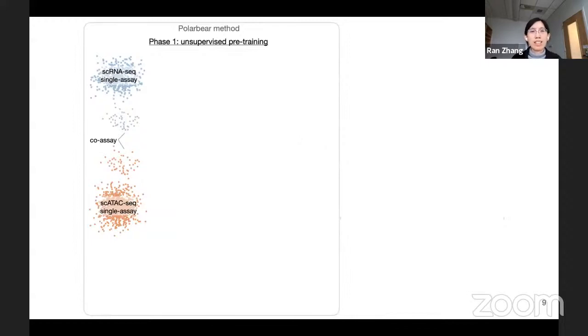And with that, let's go to the detailed workflow of Polarbear. So we first collect a bunch of single-cell assays, single-cell RNA-seq and single-cell ATAC-seq profiles, including both cells in the co-assay and cells generated by the single assay data.